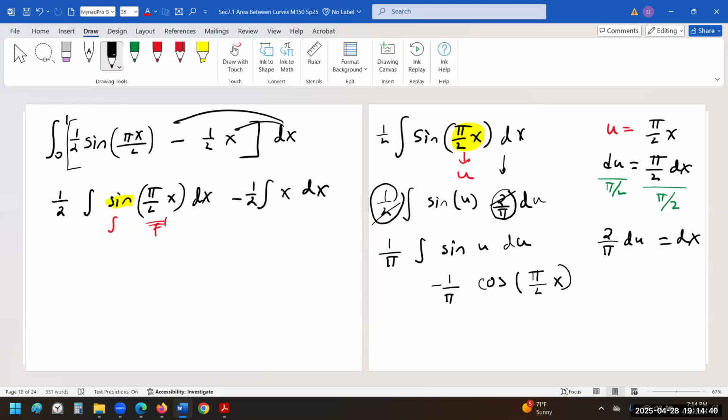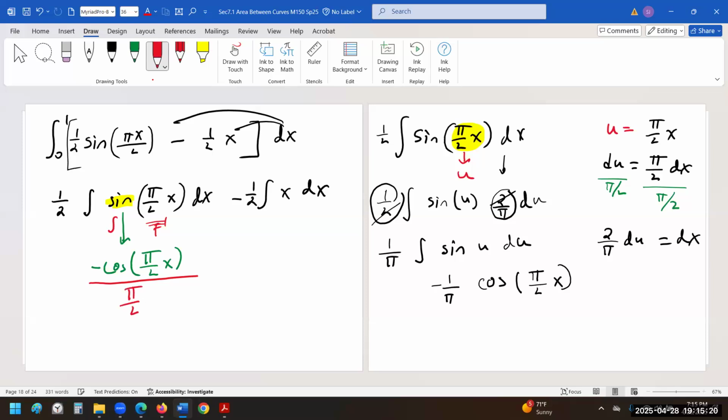Now, what I said just now is that using u substitution means taking the antiderivative of the trig and dividing by the derivative of the angle. What does that mean? If you do it as a shortcut, the antiderivative of sine is negative cosine, right? So we have negative cosine pi half x. And then you are dividing by the derivative of the angle. What is the derivative of pi half x? Pi half, right?